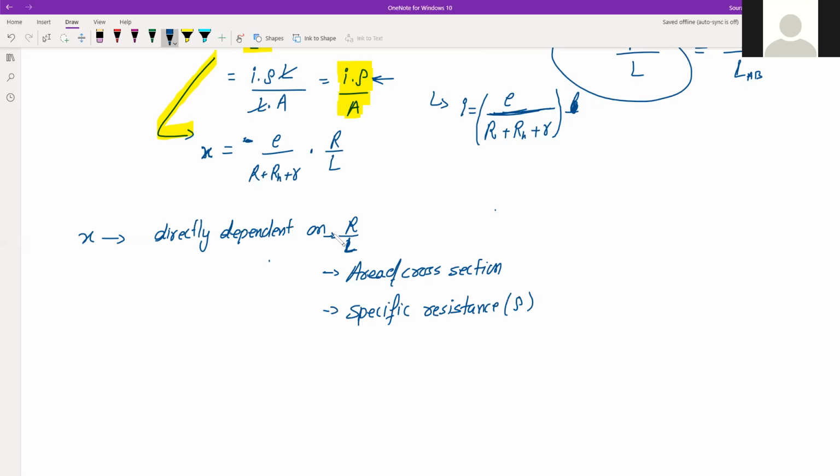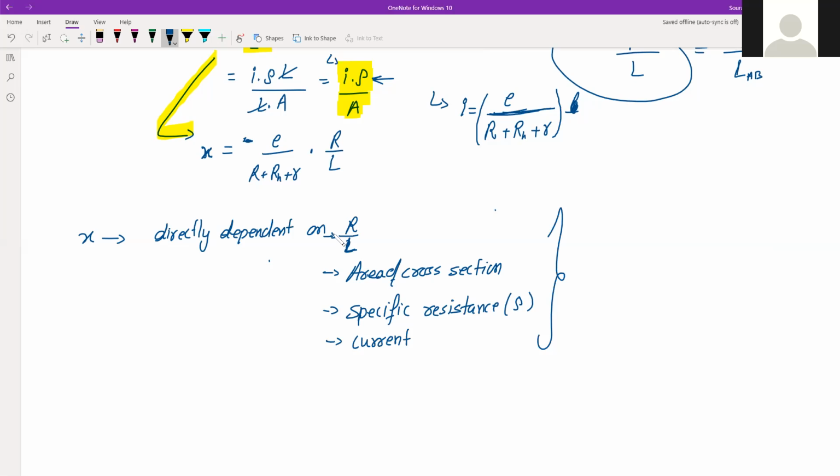Right, and the current flowing through the potentiometer wire, so even that we have seen, it also depends on the current. Now these are the things on which the potential gradient depends, and that's why we have listed them in the important points which we have to take care of.